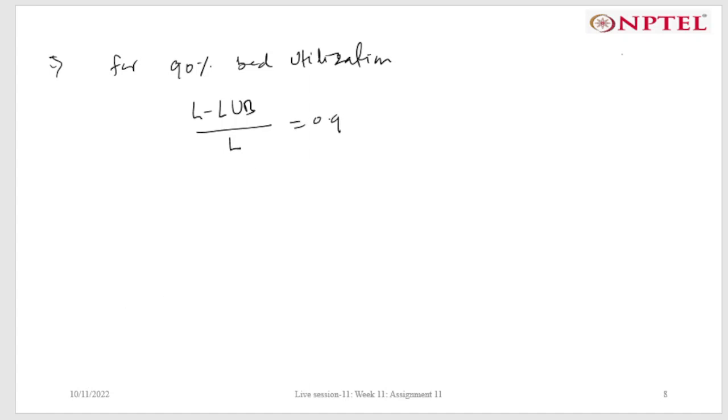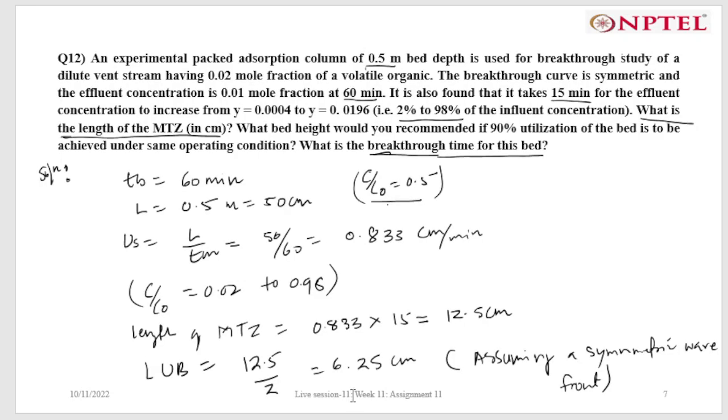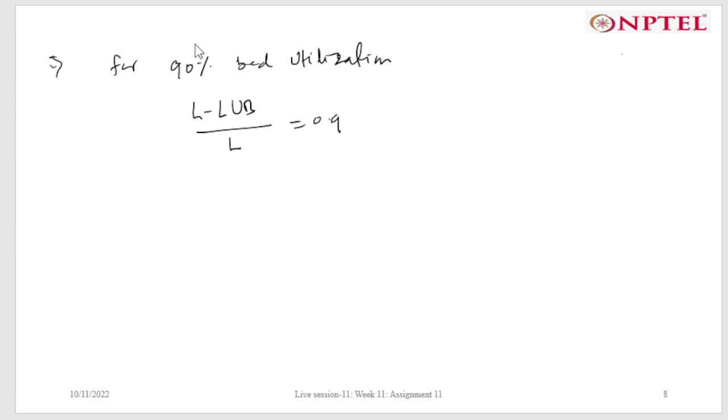So LUB we just calculated as 6.25, and the bed length is 62.5 centimeter.